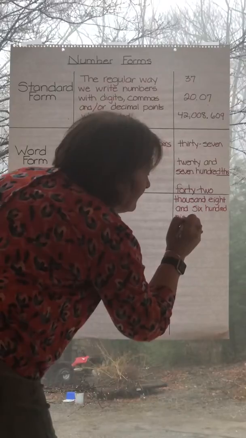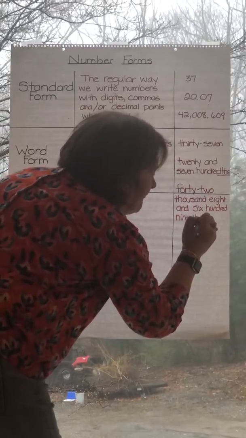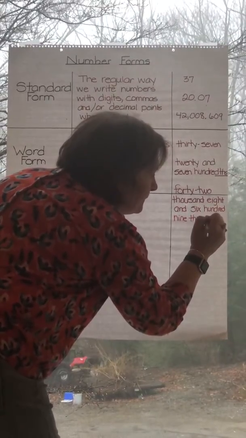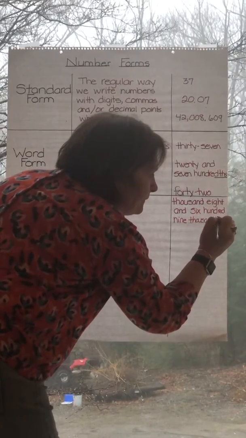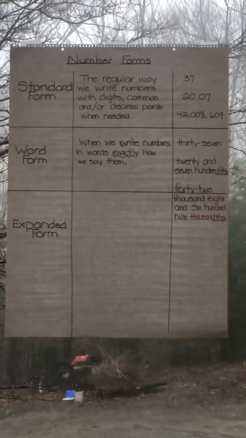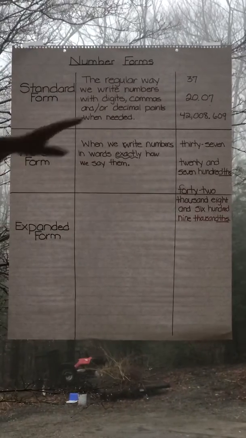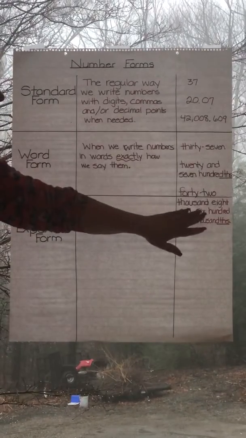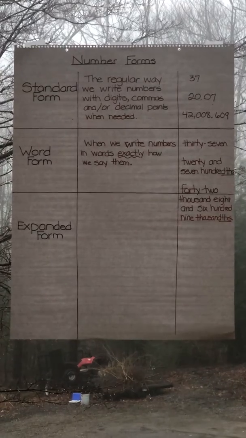Six hundred nine thousandths. Remember that THS has to be at the end. So here you have the standard form of the numbers and the word form of these numbers as well.